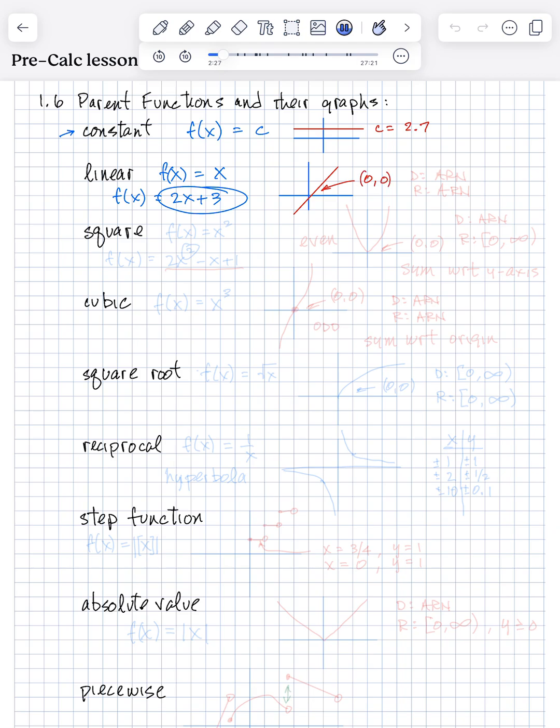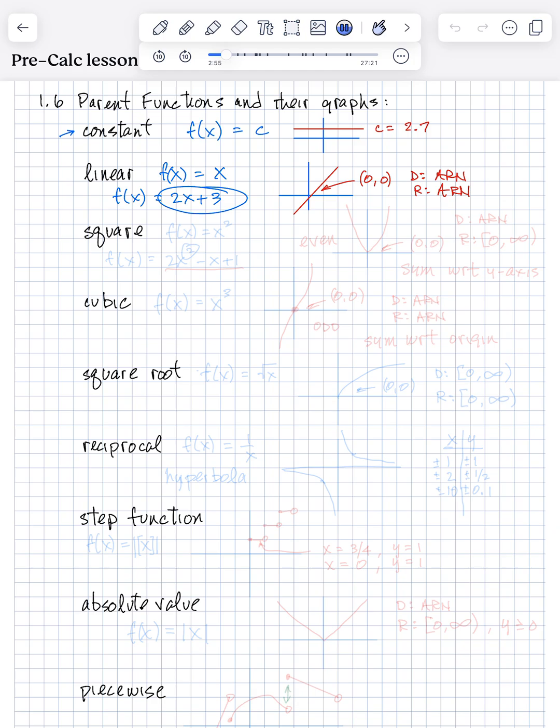And if we wanted to list the domain, domain is all real numbers. If we wanted to list the range, it is also all real numbers. Now, if we wanted to graph something like the 2x plus 3, it's still going to be a straight line. And again, the parent function is just f of x equals x.